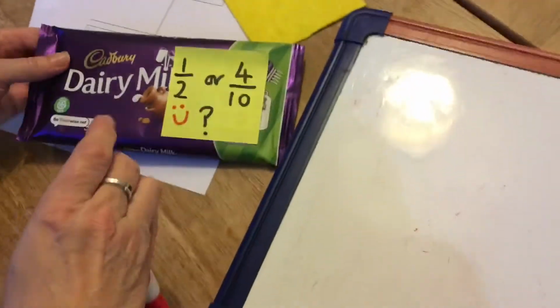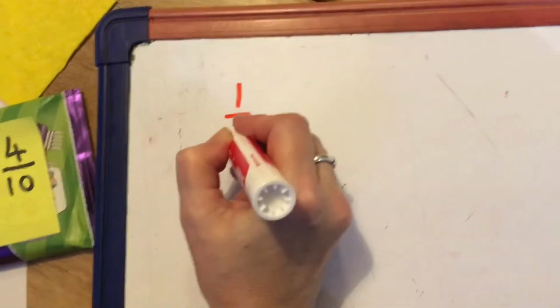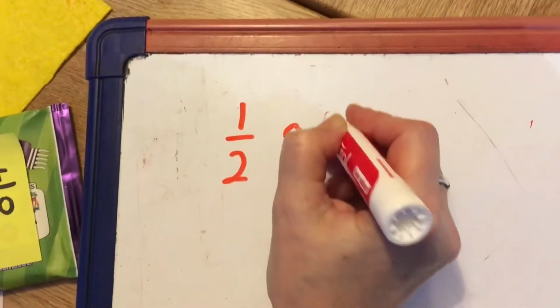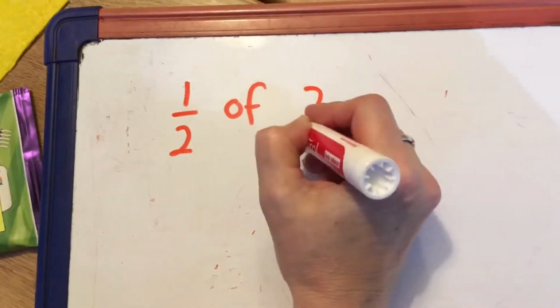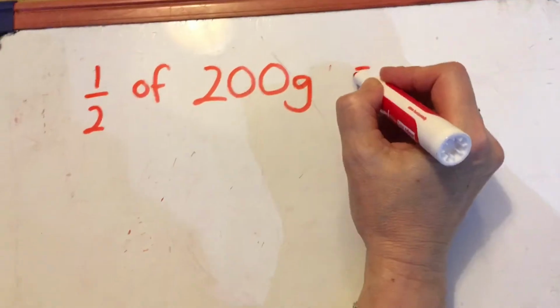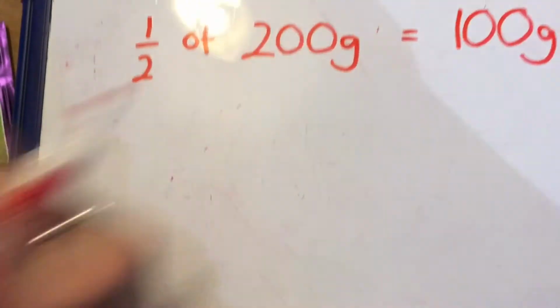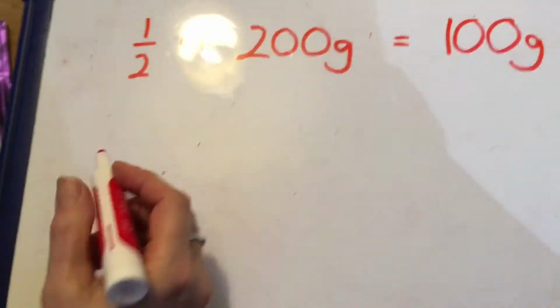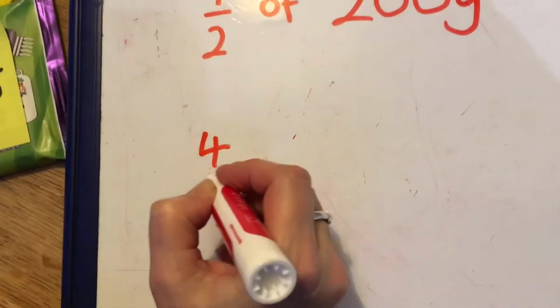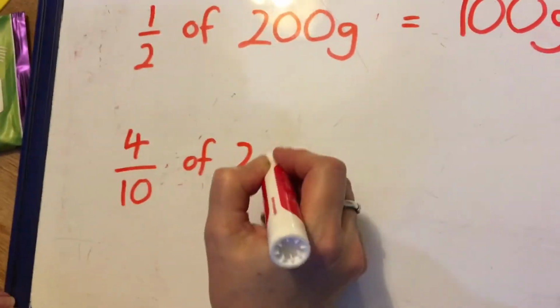So I could, if I just wanted to check it, I could do, what's bigger? A half of 200 grams. Well, hopefully you can just do that in your head. It's going to be 100 grams. Okay, and I'll model the next bit, or 4/10 of 200 grams.